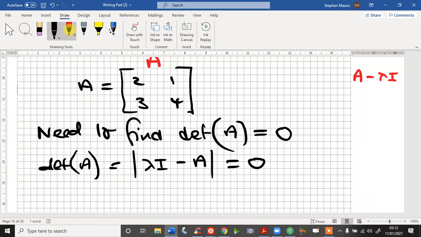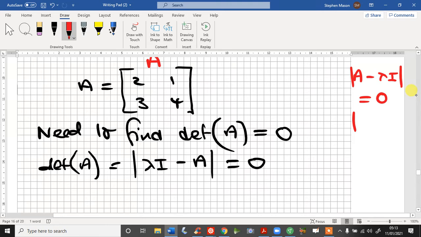So in this particular case, the determinant of A minus lambda I equal to 0 is exactly the same as multiplying both sides by -1 to get minus A plus lambda I. So that can be written as lambda I minus A equal to 0.